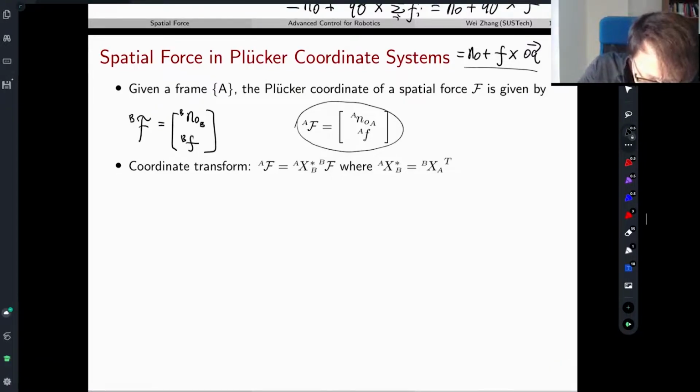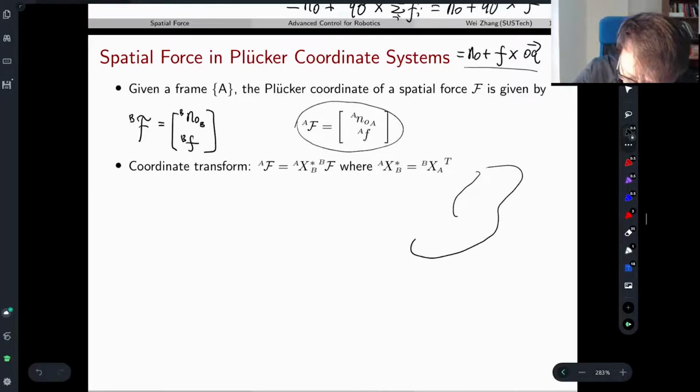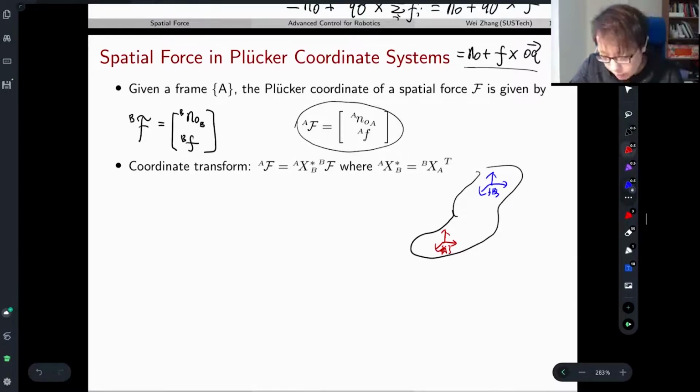So overall, let me draw the figure again. This is my rigid body. Initially I want to compute the wrench using reference frame A. Later I want to represent this thing in B. I want to know how the same physical quantity relates to each other.